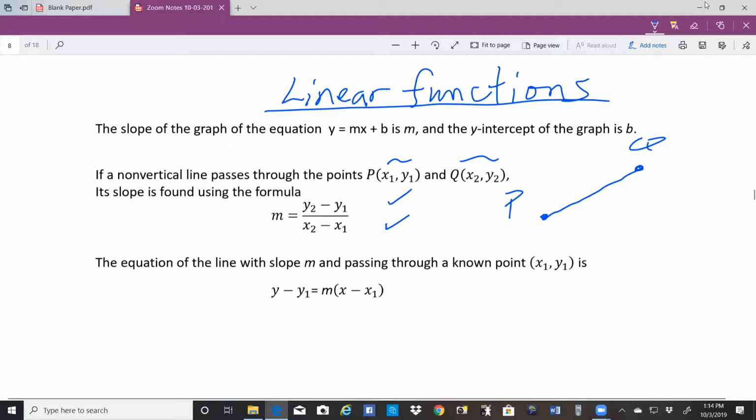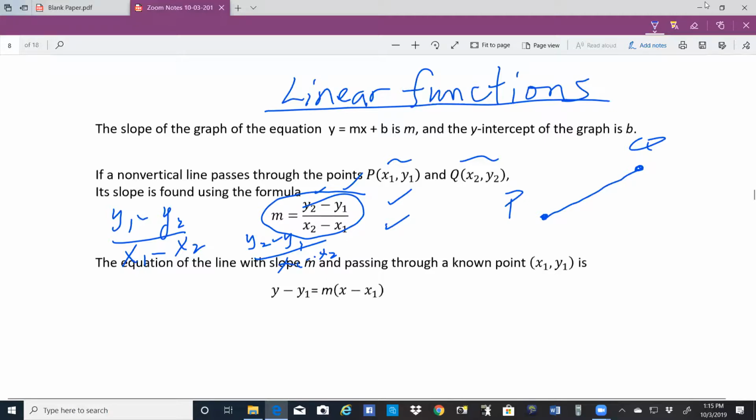Notice that's the same as y1 minus y2 over x1 minus x2, as long as you do them in the same order. You can't do y2 minus y1 over x1 minus x2, because that will be the negative of the slope. So if you keep everything straight, you'll be able to calculate the slope.